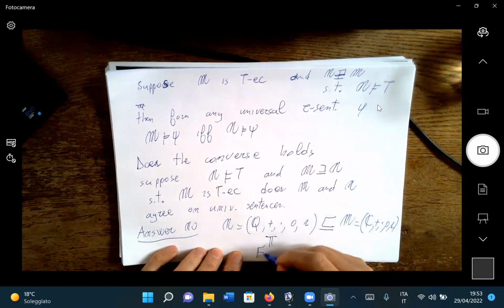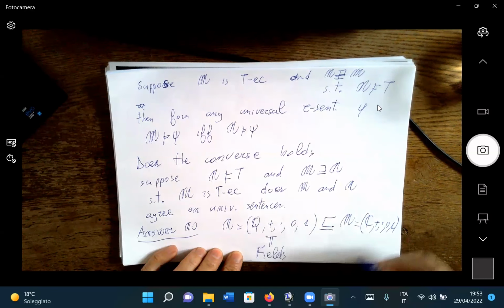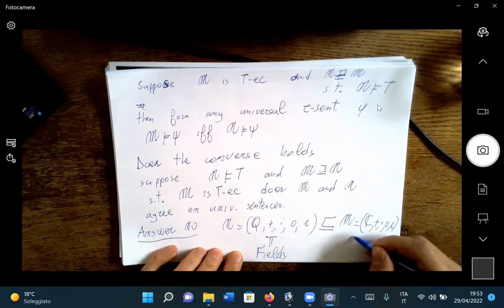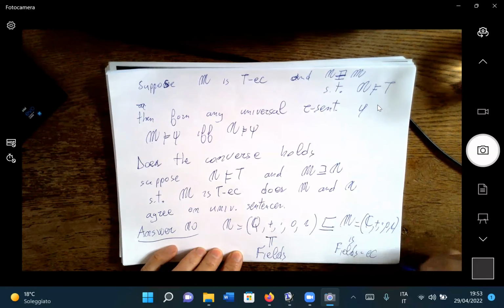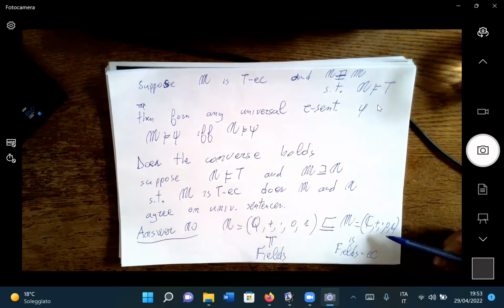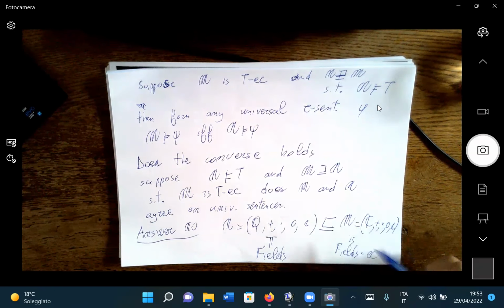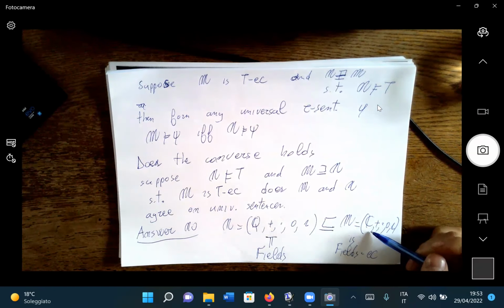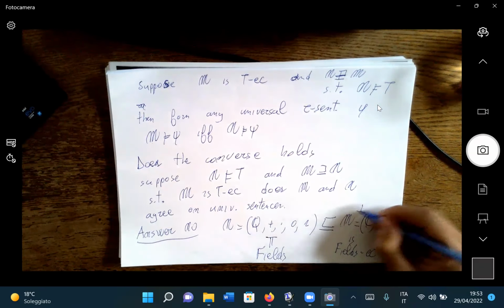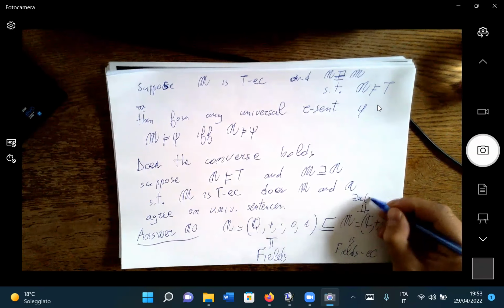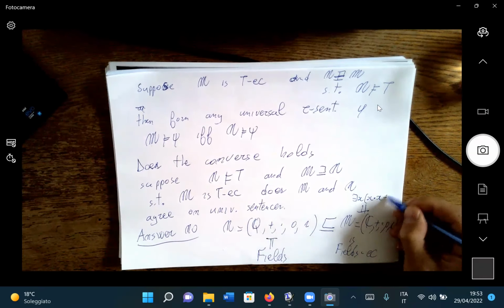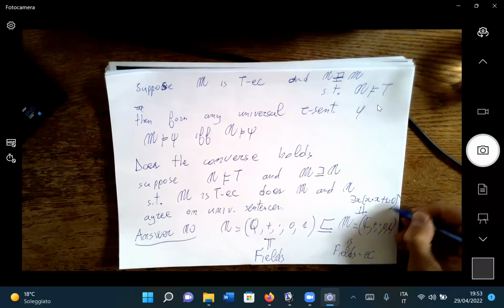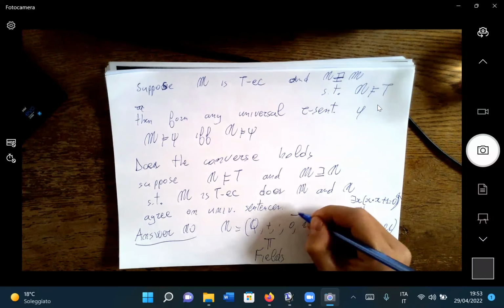Here M is an existentially closed field, because in this case one can check that the notion of existentially closed for the theory of fields overlaps with the notion of algebraically closed field. But here there is the square root of -1, so you get that this is true, and here you get that this is false.